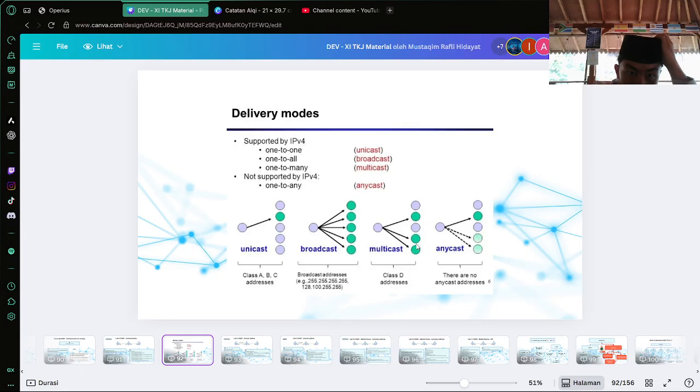And second is broadcast, one-to-all communication within a network segment. All devices on the same subnet receive the packet. And the next is multicast, one-to-many communication. A single sender sends data to a specific group of receivers who are listening for the traffic.